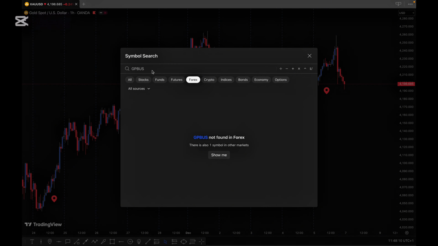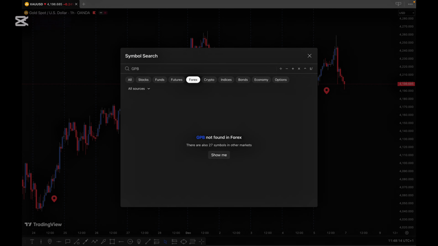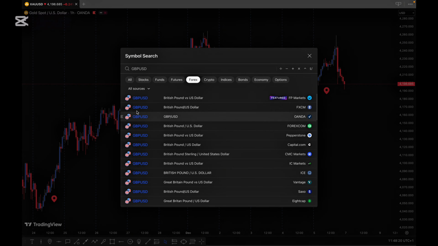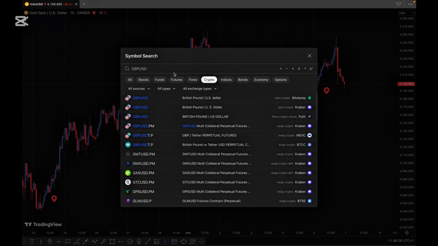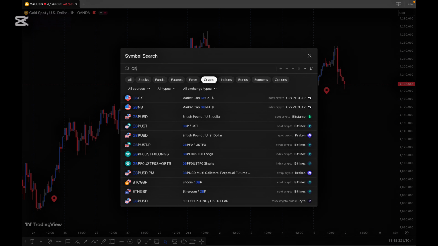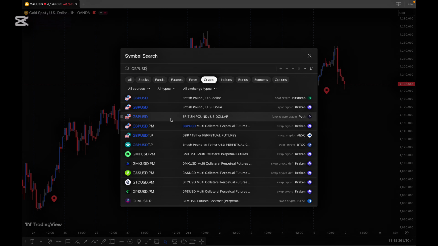So let me redo this. So if I say GBP, is it GP? No, it's GBP, not GPB. So once I say GBP/USD now, you can see this is British pounds against the US dollar. Just for clarification's sake, if I come to the crypto and redo the same thing and say GBP/USD.